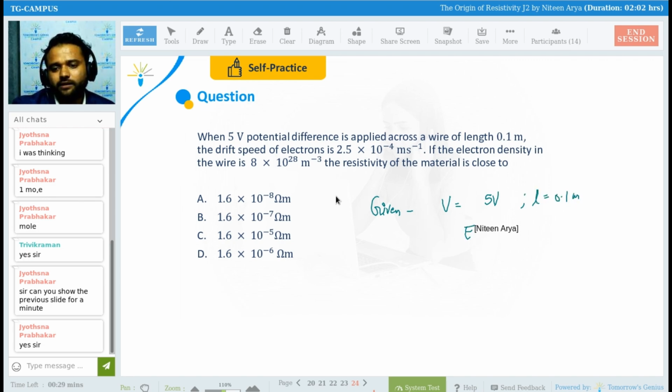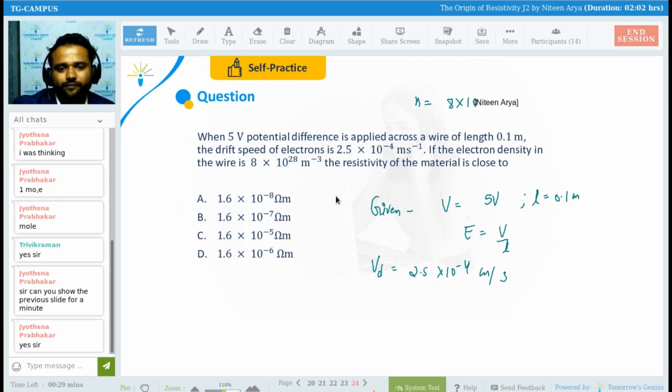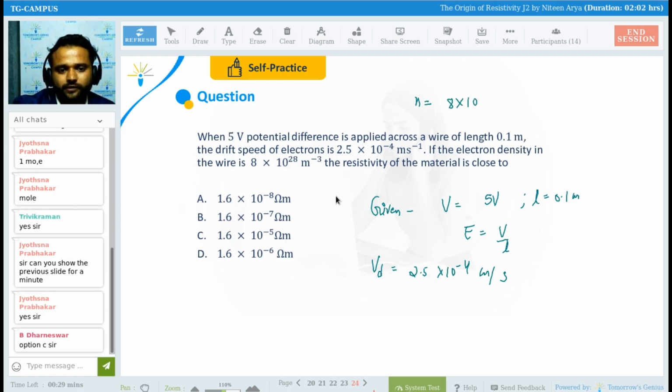From that we can find E equals V by L, but don't find it in the first step. Then we have VD, which is 2.5 into 10 to the power minus 4 meter per second. Then we have electron density, small n, the number of electrons per unit volume, 8 into 10 to the power, what? Option C, sir. Oh wow, nice, per meter cube.